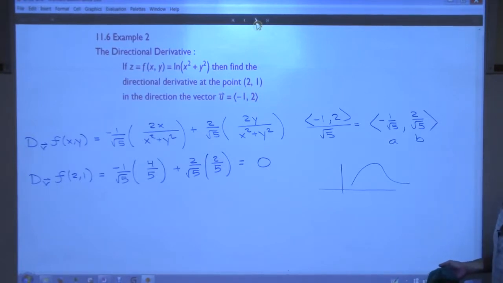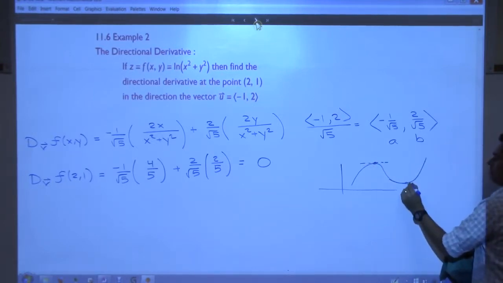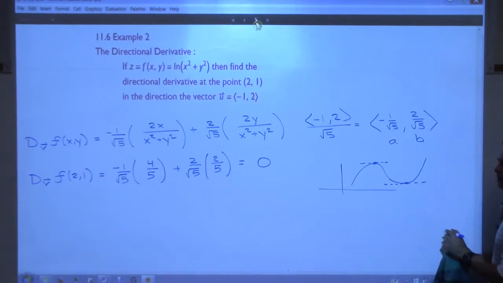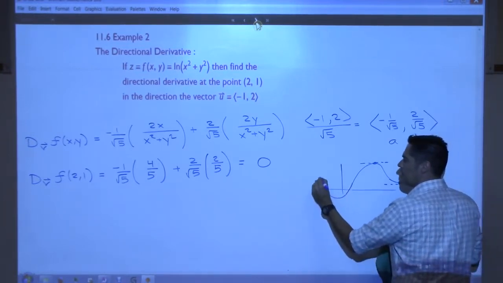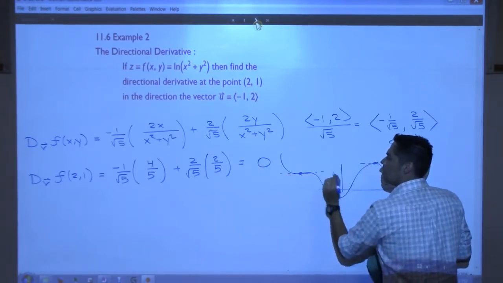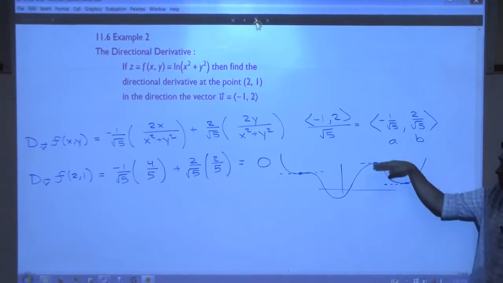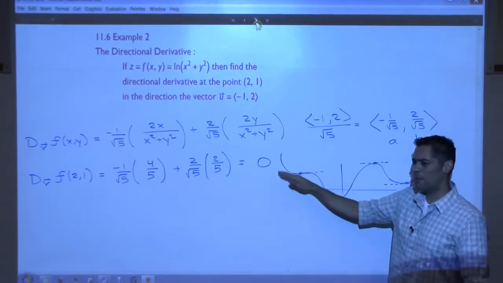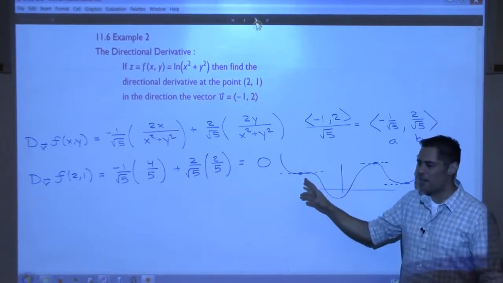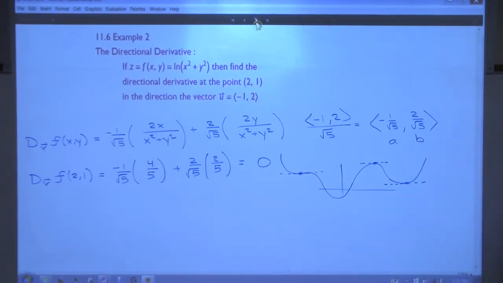If the derivative was 0, you were either here, or you were here, or you could possibly have had something like this happen there. That was pretty much it in Cal 1 when the derivative was 0. You were either at the top, at the bottom, or at one of these weird points where you're neither the top nor the bottom. This is kind of like what a saddle point is for us, which is later. But it can be even more complicated with surfaces. So it's okay to have a derivative of 0.